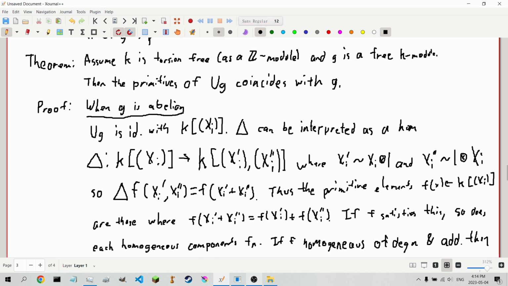So essentially, we know that every element of G is primitive. We want to see that every primitive is an element of G, in this case.